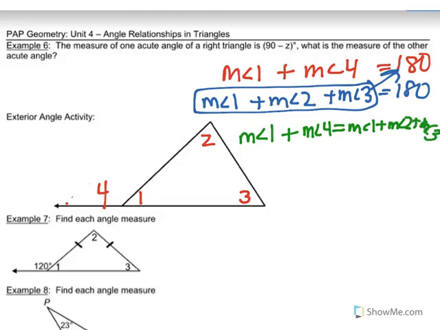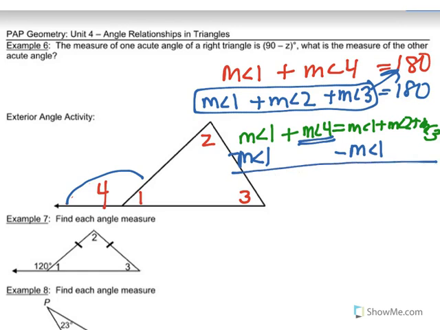I'm squeezing it in there. Now let's see here. We're trying to make a prediction about angle 4. So if I want to solve for the measure of angle 4, I'm going to have to subtract the measure of angle 1. So I subtract the measure of angle 1, subtraction property of equality, and what do I have left over? These ones cancel out.